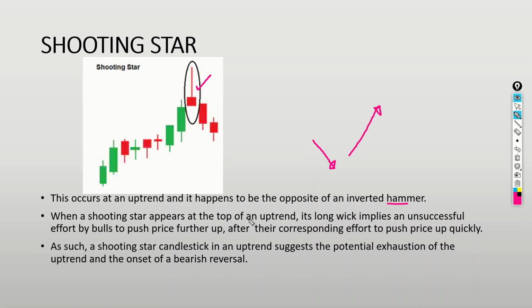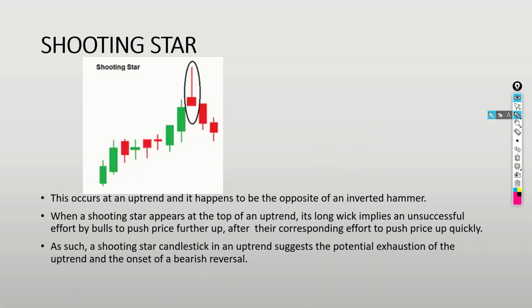When a shooting star appears at the top of an uptrend, its long wick implies an unsuccessful effort by bulls to push the price further up, after their earlier effort pushed the price up quickly. As such, a shooting star candlestick in an uptrend suggests a potential exhaustion of the uptrend and an onset of a bearish reversal.